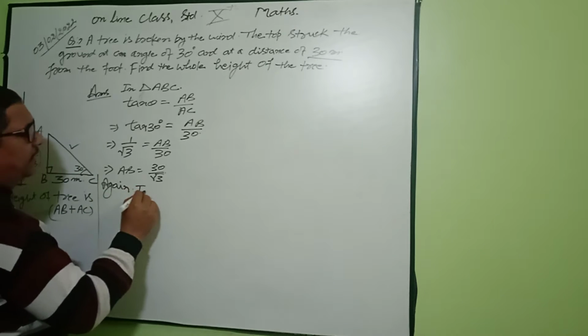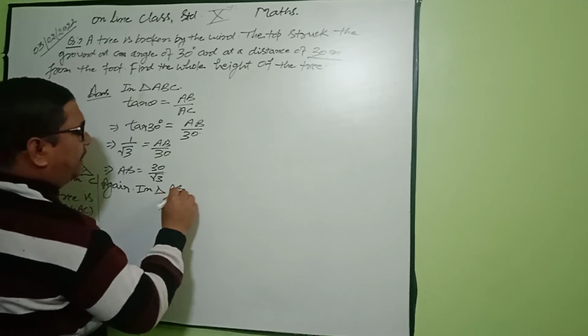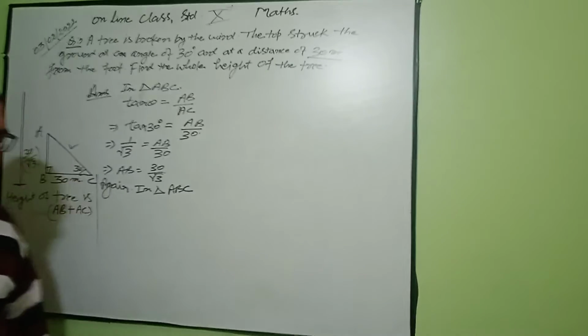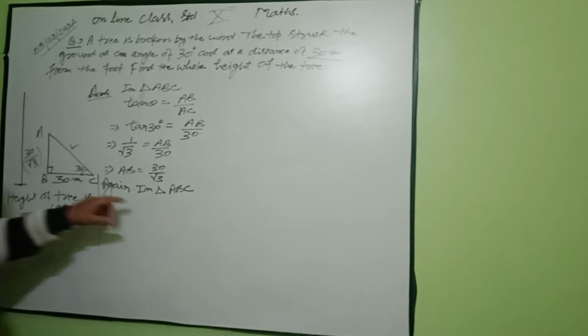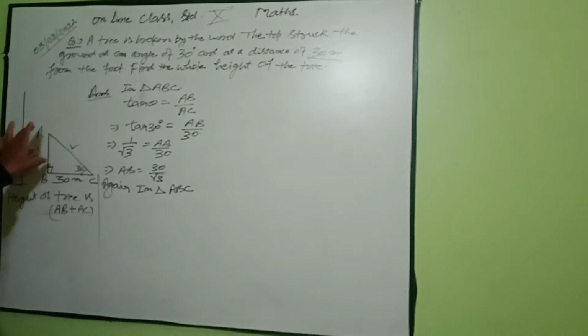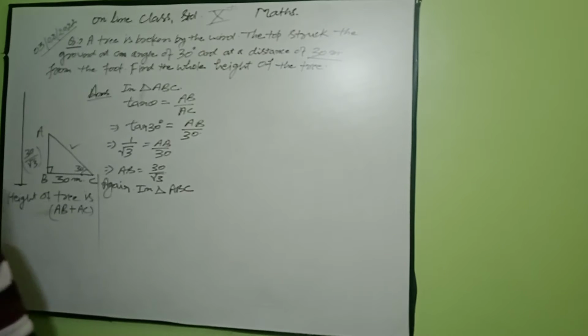In triangle ABC, again we will take this and this, that is perpendicular and hypotenuse. It becomes a sine.